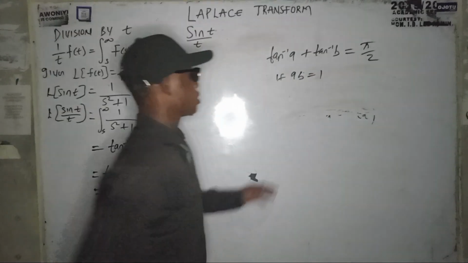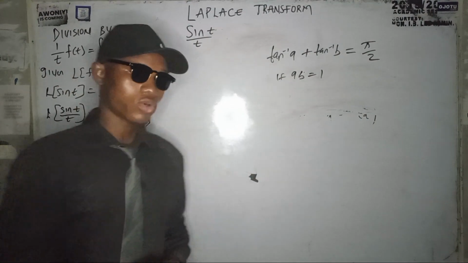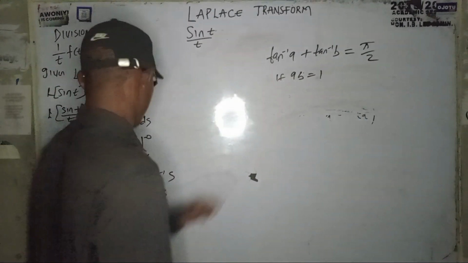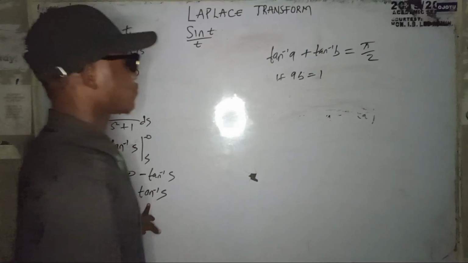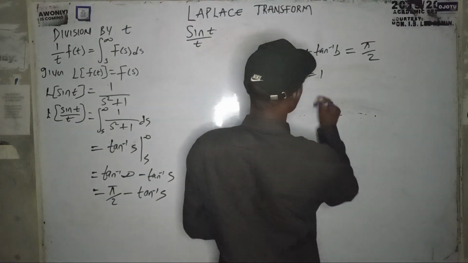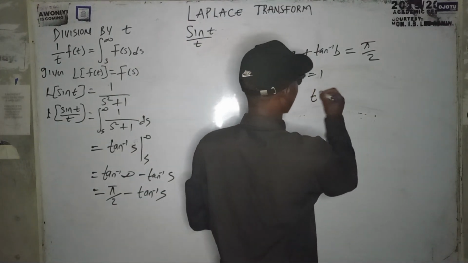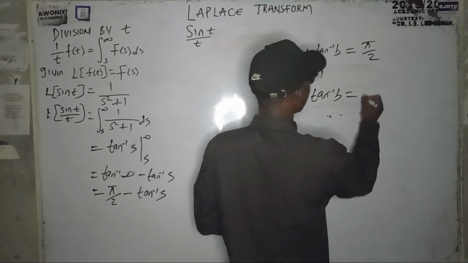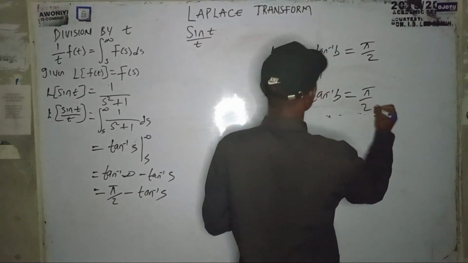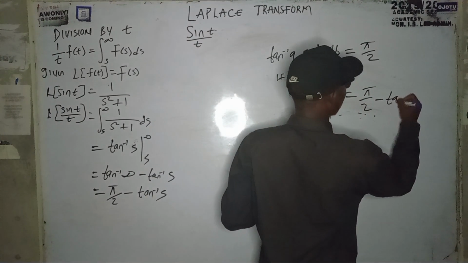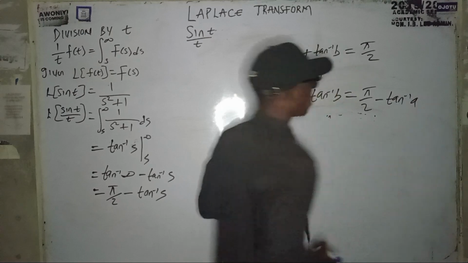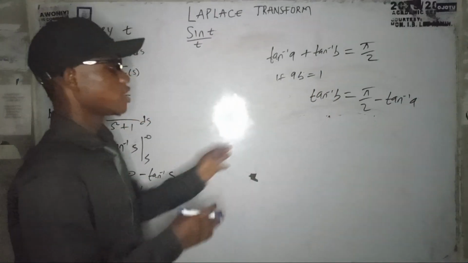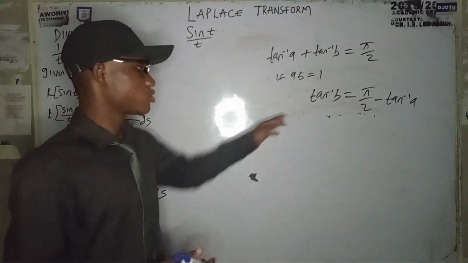Since this is a trigonometric law, and we have pi over 2, this means that arctan of b is equal to pi over 2 minus arctan of a.